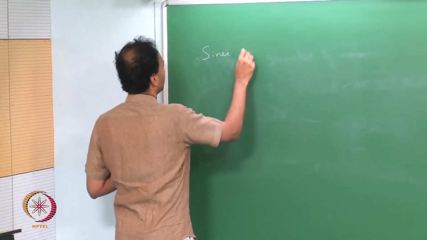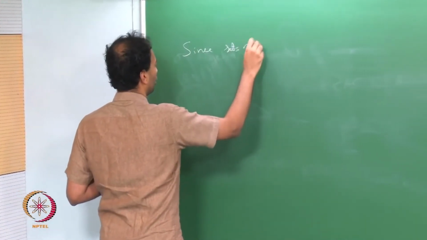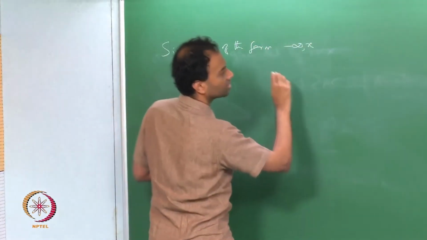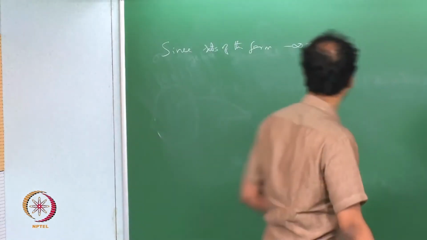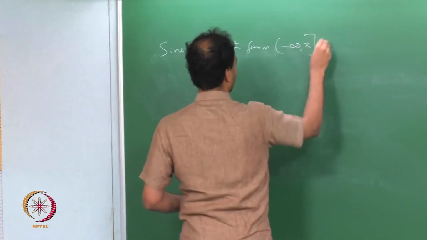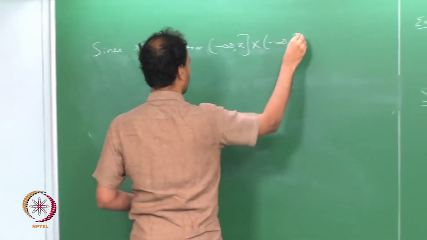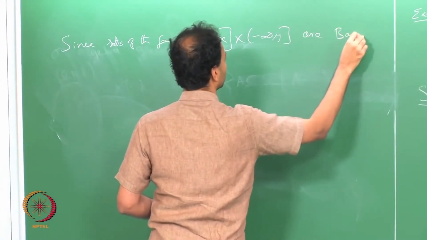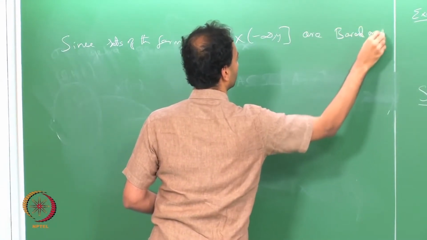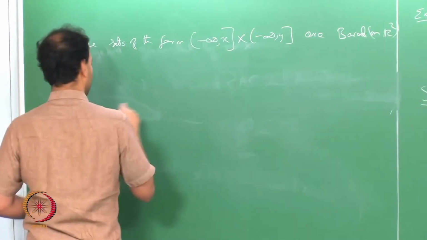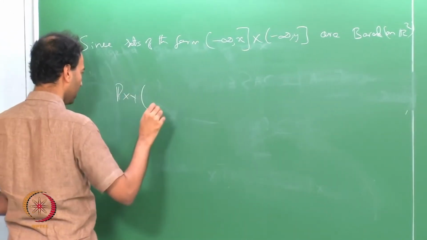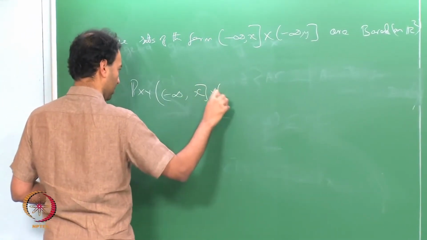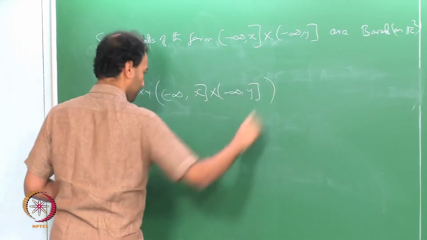Since sets of the form minus infinity to x cross minus infinity to y are Borel on R2, P x y of that set is well defined.